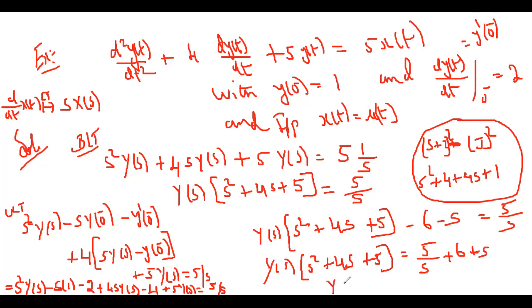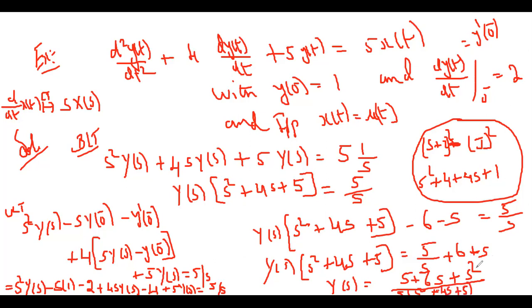Okay, Y of s is equal to, take the LCM here, 5 plus 6s plus s square, and in the denominator we have s into s square plus 4s plus 5.